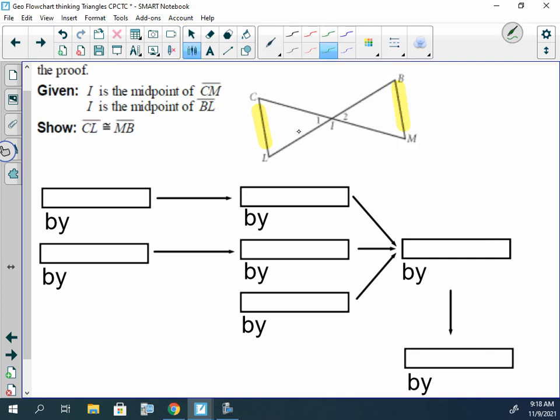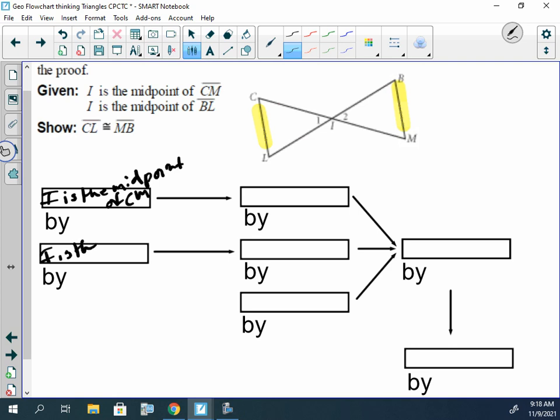Now, even though I is the midpoint of these two lines, that really doesn't tell me anything about the line lengths themselves, correct? Because it could be that they are congruent or it could be that they're not. We can't tell at this point. But we can still prove it because it will work out. And we have to start off with I is the midpoint of CM.